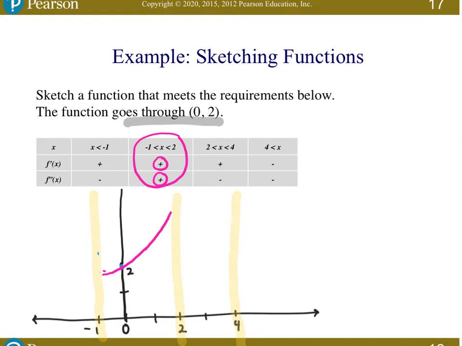Now I can look at some of the other intervals. Let's look at this one. For that interval, I need to be going up, but I need to have negative concavity. Remember, you're working from left to right. So this does not mean going up, because that's going backwards.